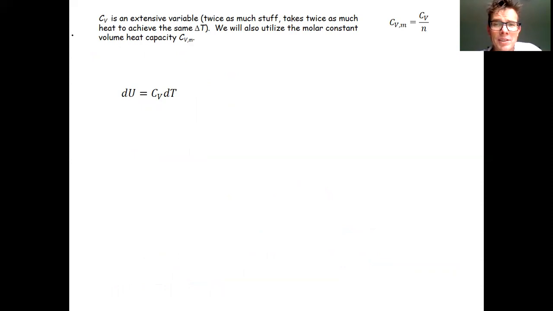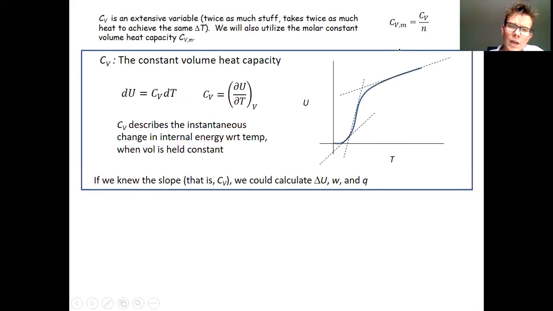If I had twice as much stuff, it would take twice as much heat to achieve the same temperature change. And so we can also talk about a molar constant volume heat capacity, which we're going to call CVM. CVM is simply CV divided by N, the number of moles. The other thing is, what does this mean, the heat capacity? And here's a mathematical statement.